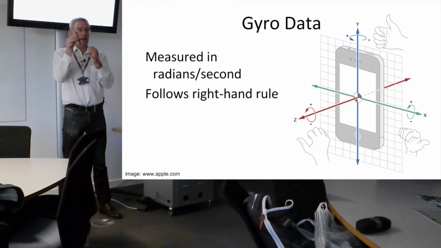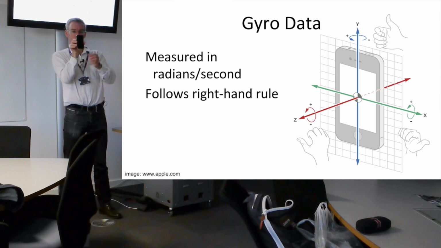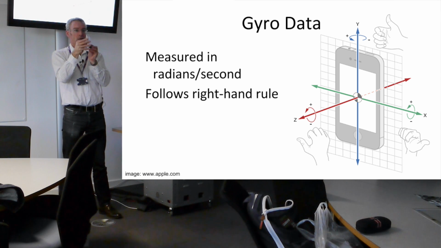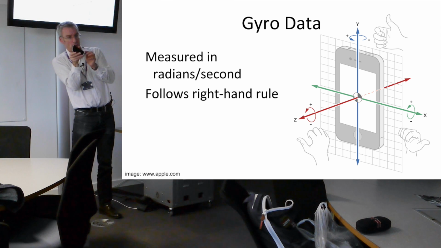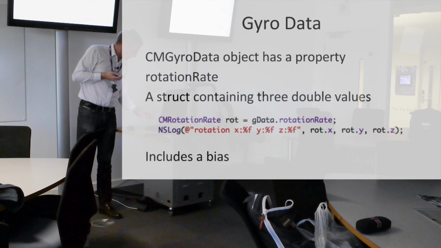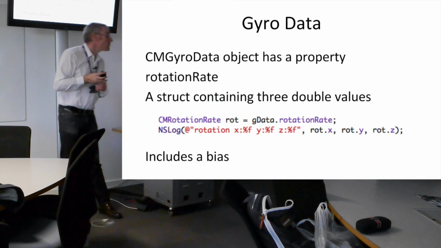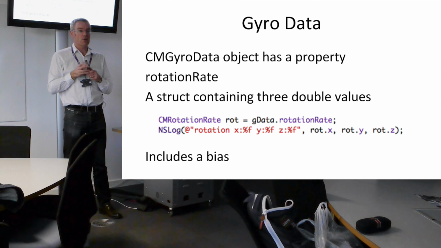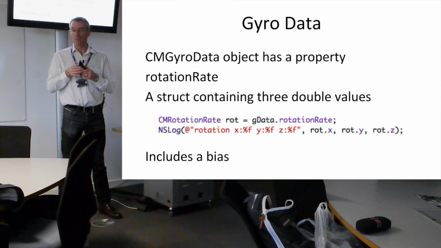So, X is that way, Y is that way, and Z is that way. Okay, so let's go back to that slide. What we're measuring is that rotation, and it returns doubles, high precision double floating point numbers.